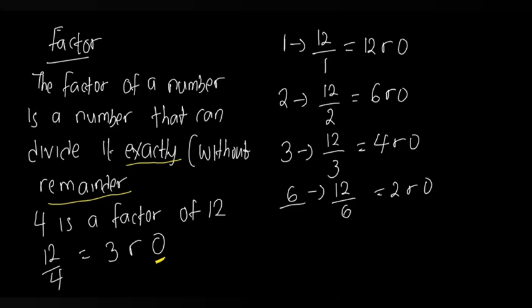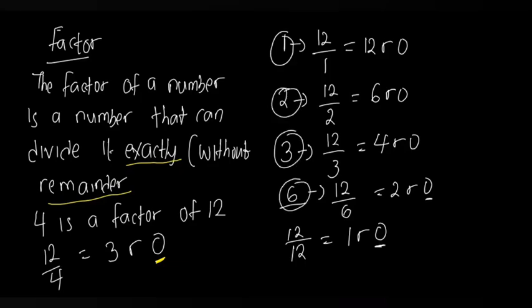And the last factor is 12, because 12 divided by 12 gives us 1, remainder 0. So these are the factors of 12: 1, 2, 3, 4, 6, and 12. These are the numbers that 12 can divide without remainder.